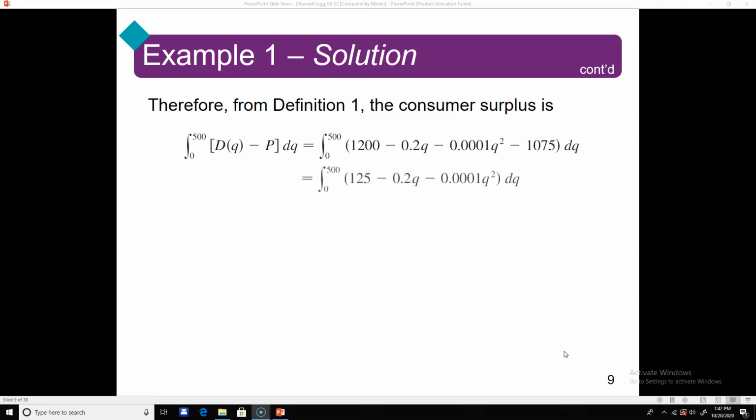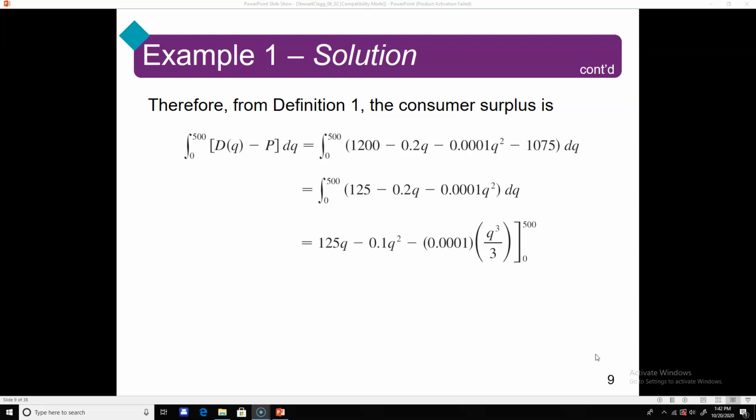So we can simplify the integrand. And then to integrate here, we're just using the polynomial rules. So the antiderivative of 125 is 125q, and then 0.2, we're going to make that q squared and divide by 2, and then the q squared, we're going to make that q cubed and divide by 3.